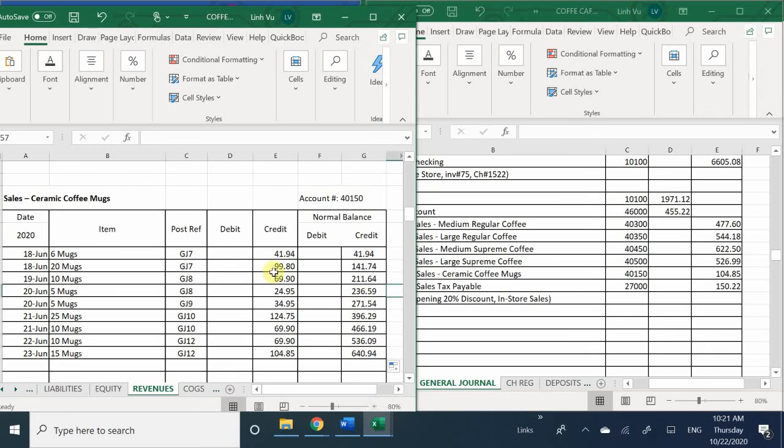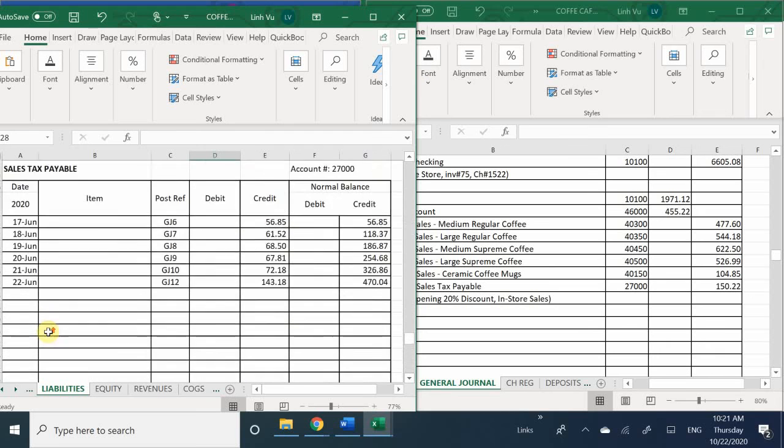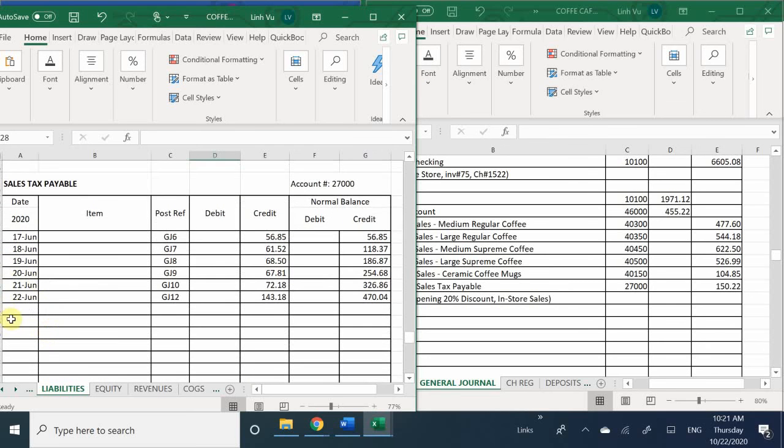Last but not least, our sales tax payable. That is going to GJ 12, 150.22. 6/20/26.